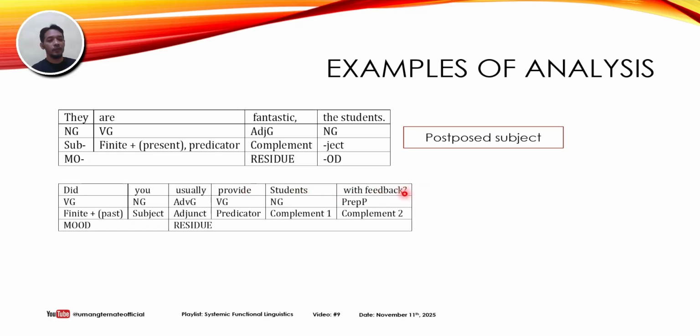We can see the question mark here. So we can look at the mood block, which consists of the finite and the subject. So it is different from this one where the subject comes first and then is followed by the finite. Here it is finite and then subject.